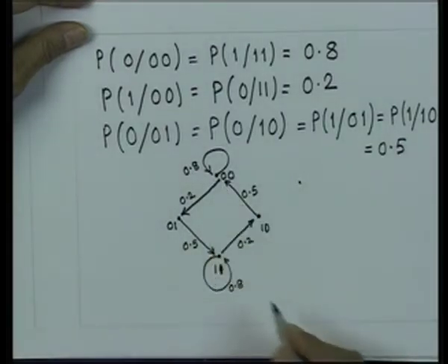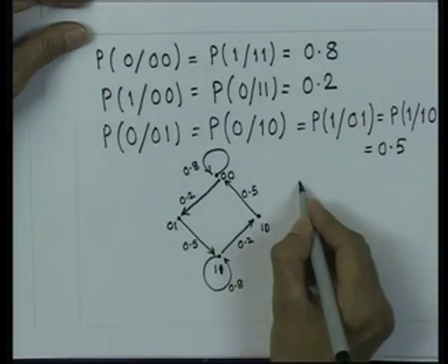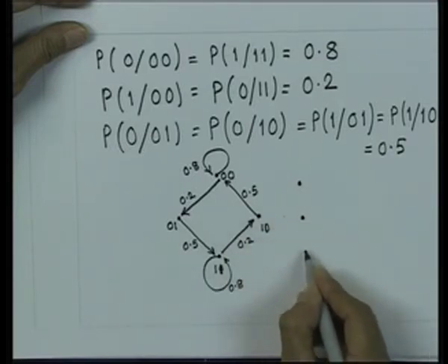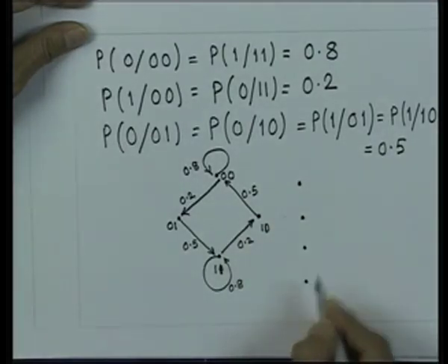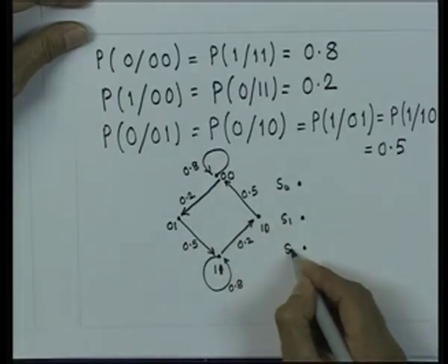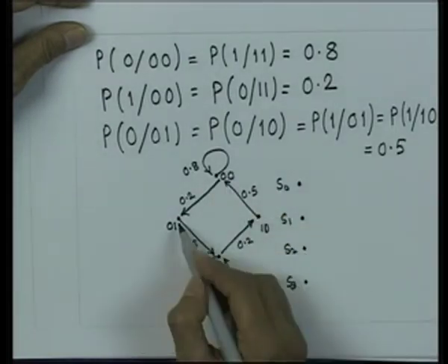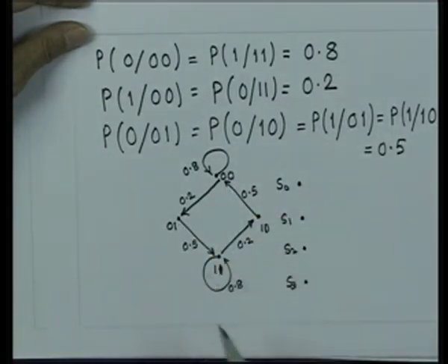Now, the same thing can be indicated with the help of a trellis diagram. What you have to do is basically at any instant of time you draw 4 states. Let us indicate the 4 states as S0, S1, S2, S3, S0 corresponding to 0 0, S1 corresponding to 0 1, S2 corresponding to 1 1, S3 corresponding to 1 0.